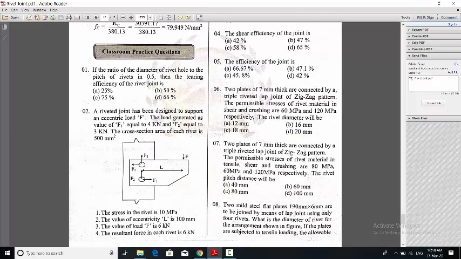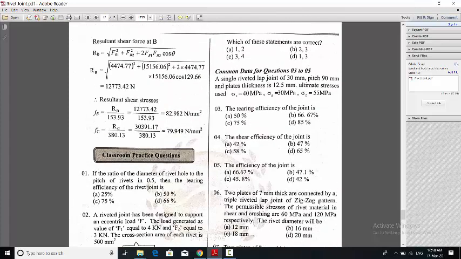Question number 325. A single riveted lap joint, it means it is single riveted, so we have to use the equation of a single riveted lap joint. Diameter is 30 mm, pitch is 90 mm, and the plate thickness T is 12.5 mm. Then the ultimate strengths are given: sigma T is 40, sigma shear is 30, sigma crushing is 55.